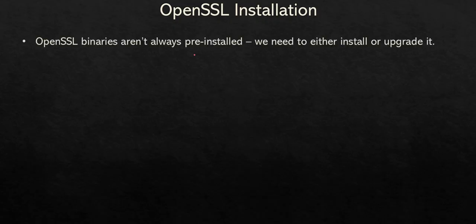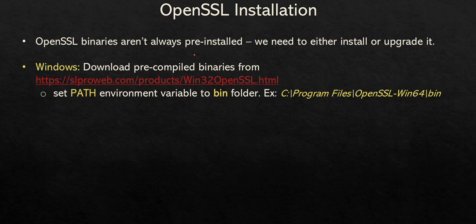We will discuss quickly the OpenSSL installation. By default, it is not the case that OpenSSL is always available. It is not pre-installed. Either we will have to install it, or in some cases we will have to upgrade OpenSSL. For Windows, we will have to visit this website in order to download the compiled binaries.